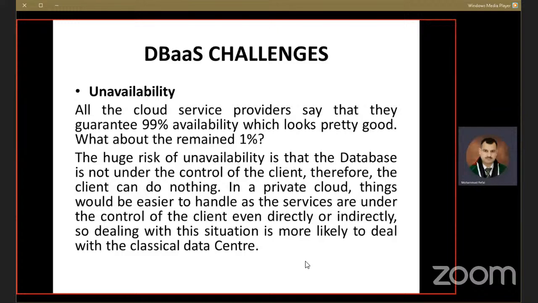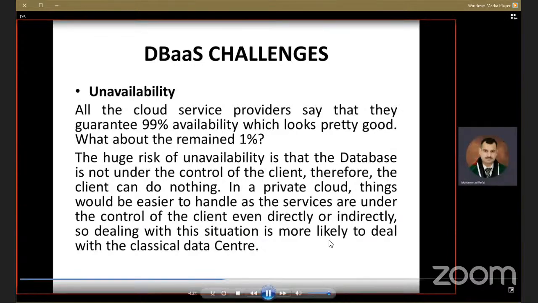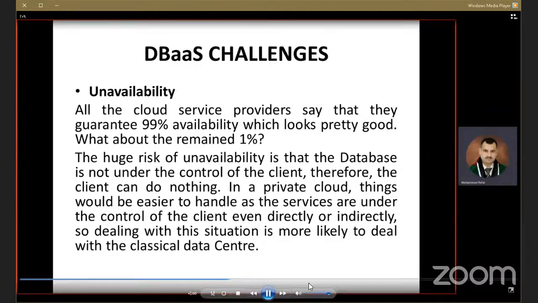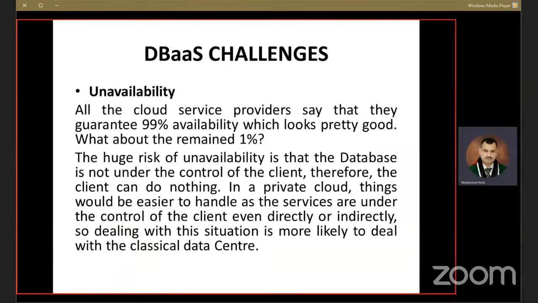Challenges. The first challenge is unavailability. As you know, all the cloud service providers say that they guarantee 99% availability, which looks pretty good. But what about the remaining 1%?